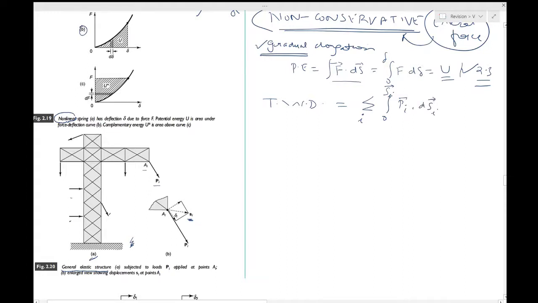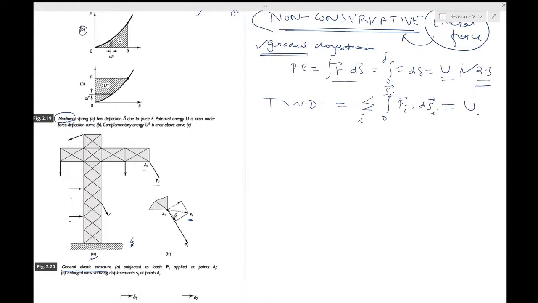And this total work done will be stored in the form of potential energy in this system. That's why I'm writing it equal to U. All this work done by the external forces at various loading points is stored as potential energy.